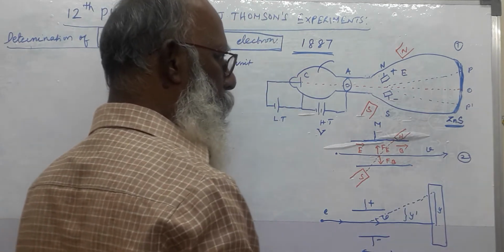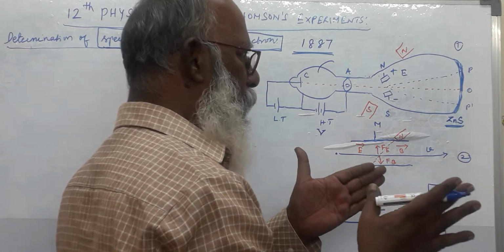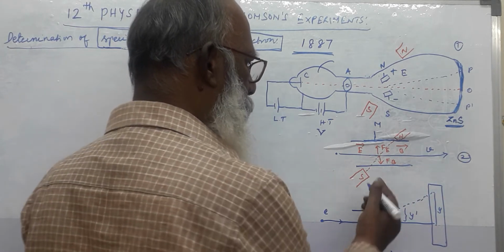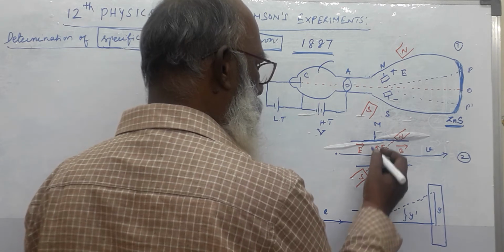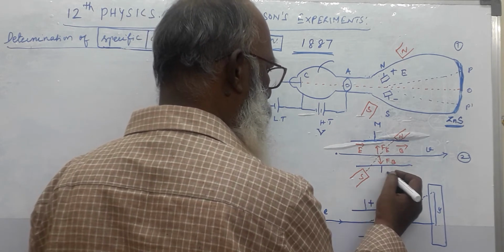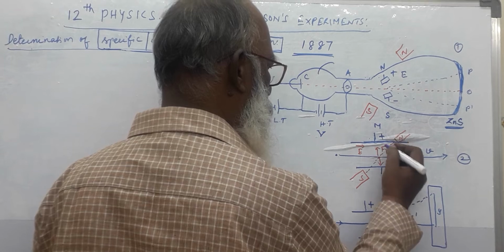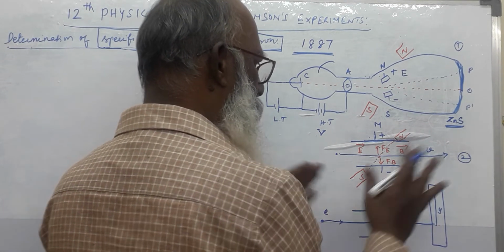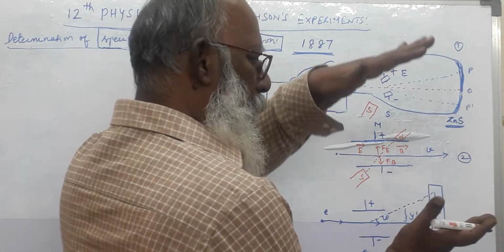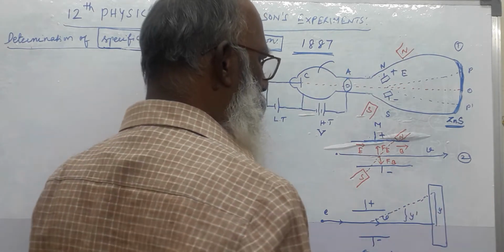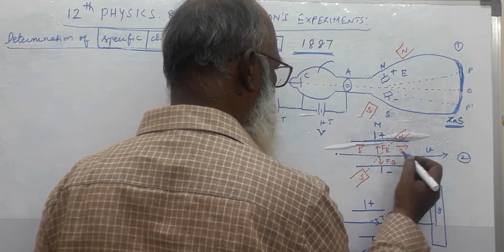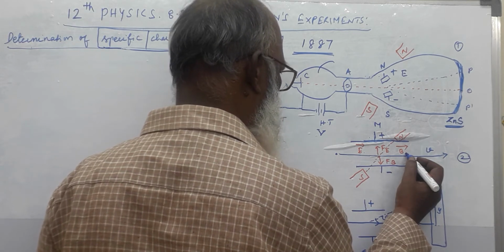Suppose you apply the magnetic field perpendicular to the electric field as shown in the second figure. This is the electric field, negative and positive, whereas the north and south magnet are perpendicular to the electric field like this. Then E is the electric field applied and B is the magnetic field applied.